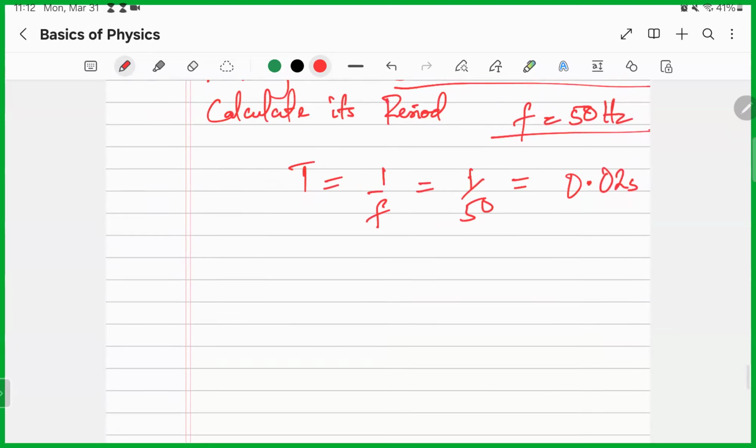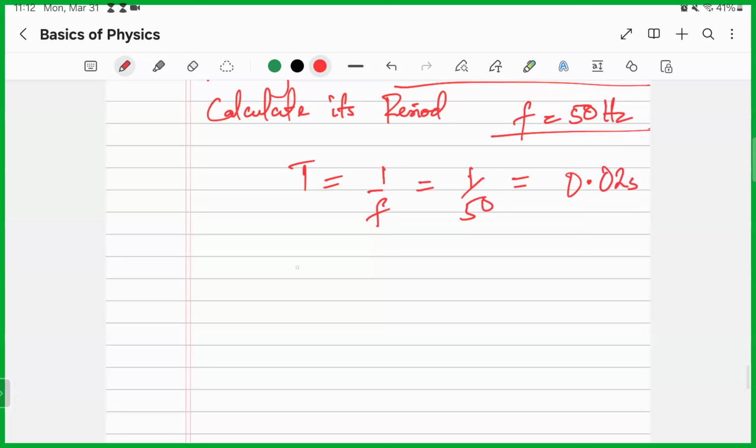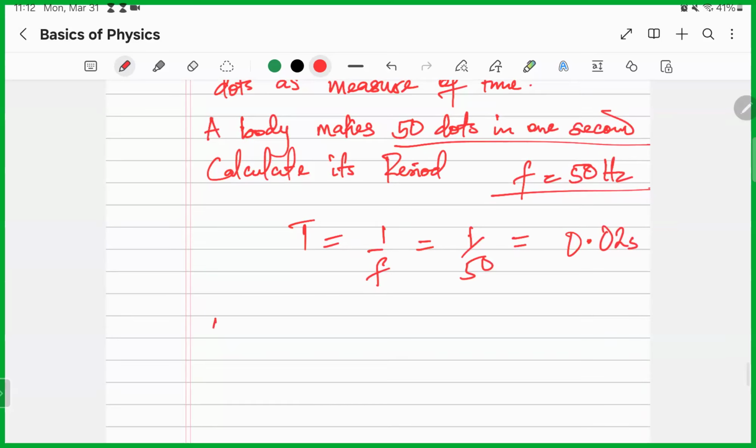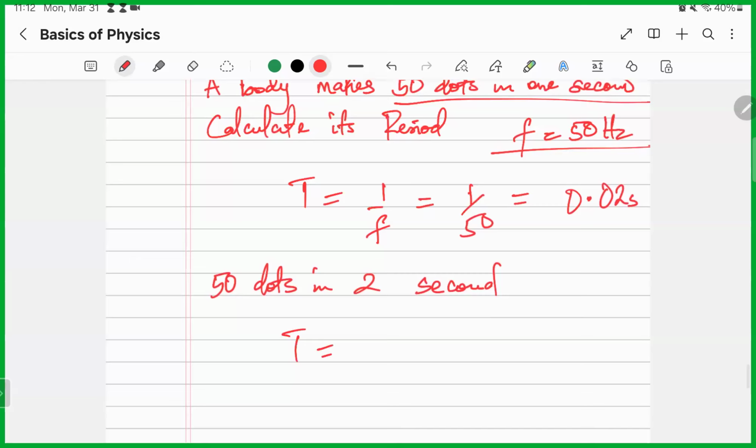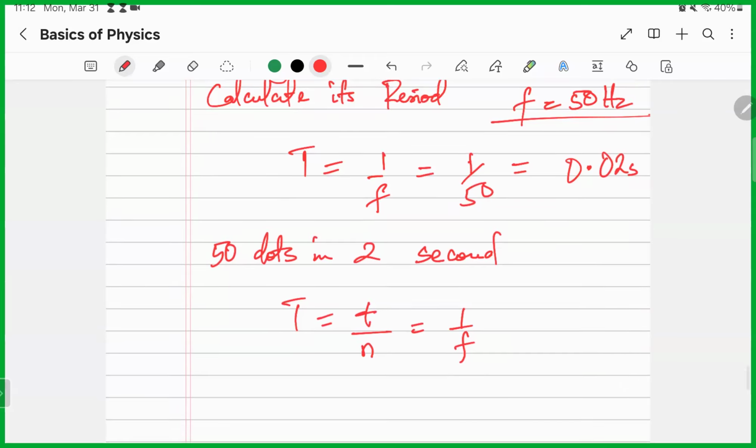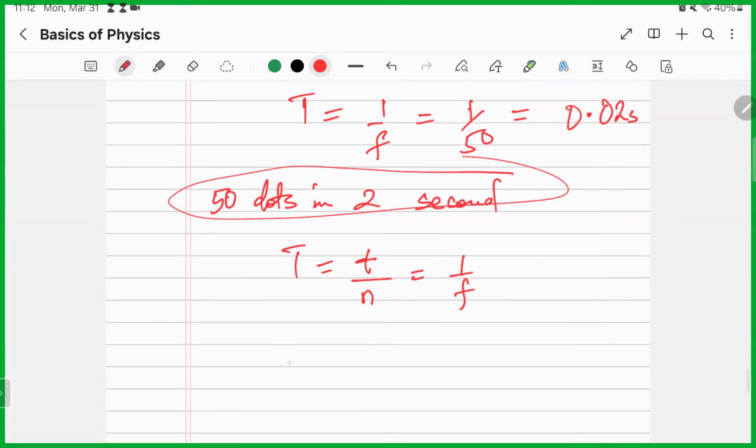Now, let's take a case of 50 dots in 2 seconds. How do we find the period? Period is going to be T equal to, remember that T has its own formula, T over n is equal to 1 over f. So we can even deduce the frequency from the period. So let's find the period first.